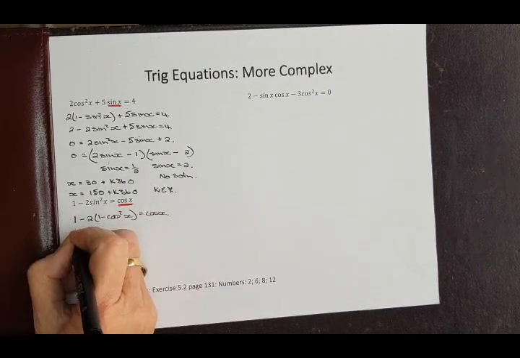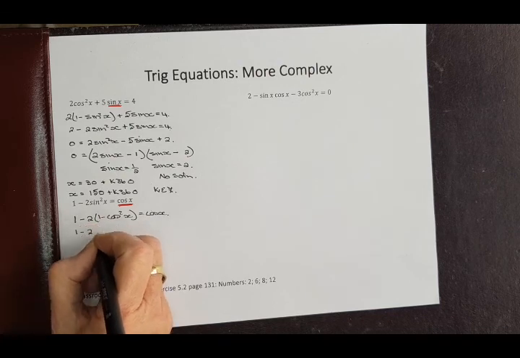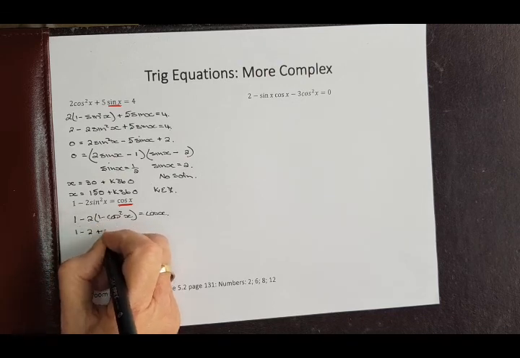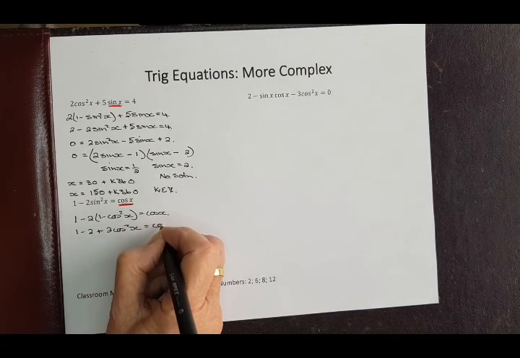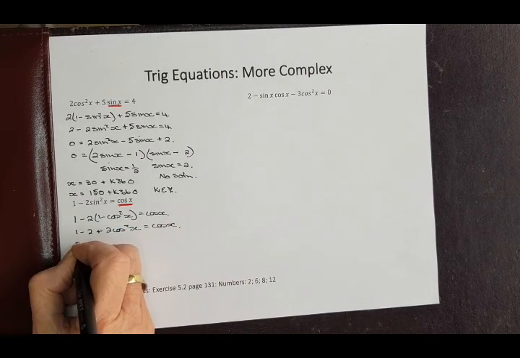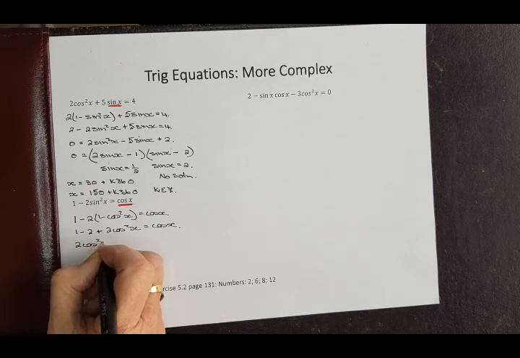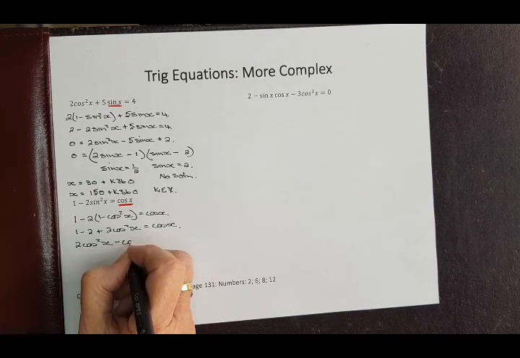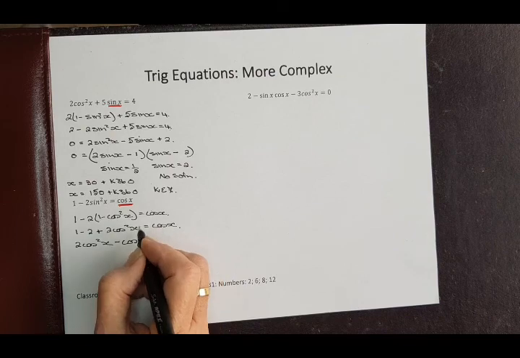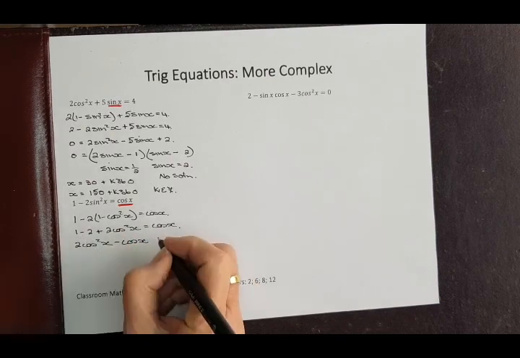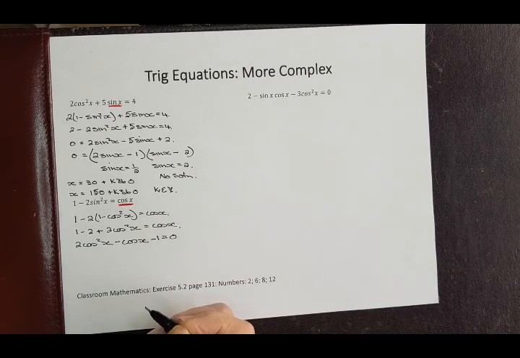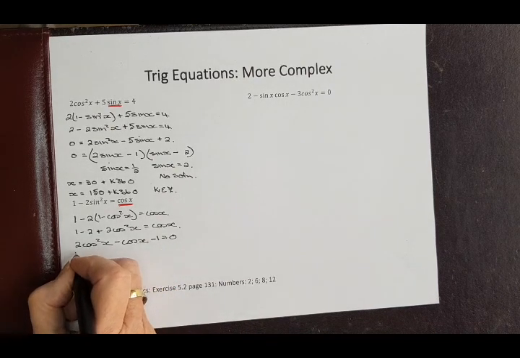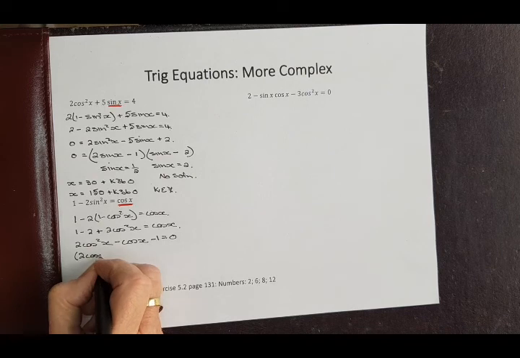When I multiply out my bracket, I get minus 2, minus times a minus is a plus 2 cos squared x is equal to cos x. This means that 2 cos squared x minus cos x, bringing that over, 1 minus 2 is minus 1, is equal to 0.